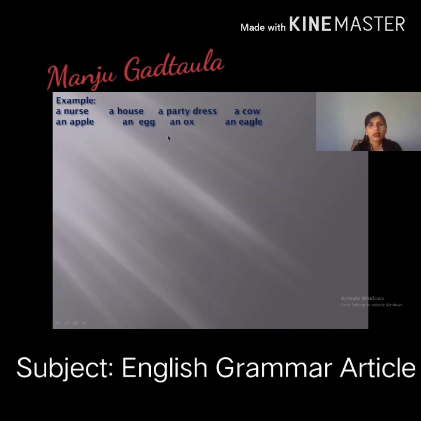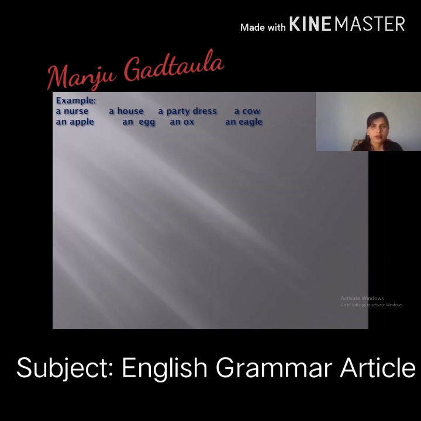Apple, egg, ox, eagle start with a vowel sound. So we have to listen carefully how the word is pronounced. We do not use a or an based on the actual letter with which it begins.